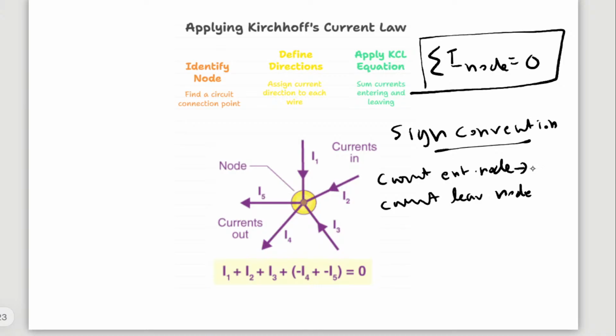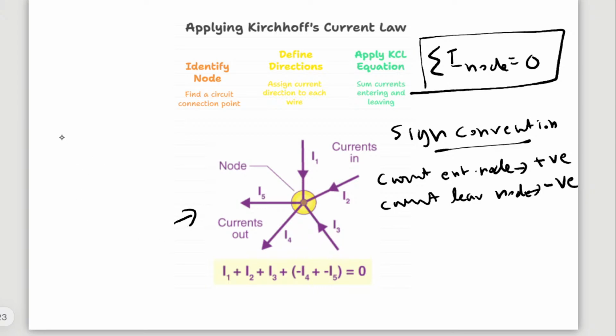Any convention can be taken, but I am taking current entering node as positive and current leaving node as negative. So by considering current entering node as positive and current leaving the node as negative, consider this example.